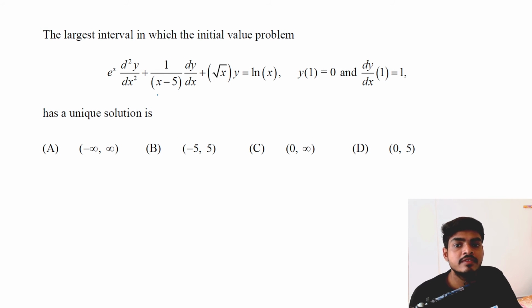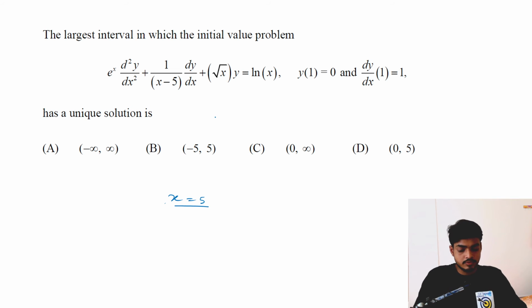So you can simply see by the differential equation, if your x becomes 5, in that case what? This differential equation is invalid, that term will go to infinity. The differential equation does not exist in that case. Okay, if x is equal to 5, the differential equation doesn't exist.